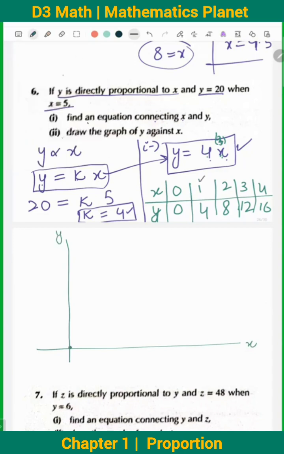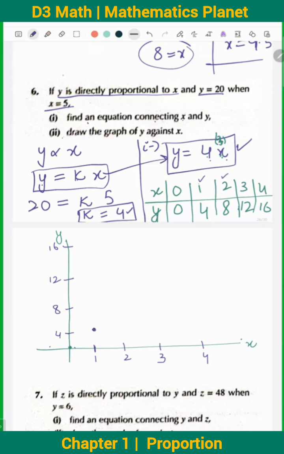When x is 1, x is 2, x is 3, and x is 4, and on the y-axis we can write 4, 8, 12, 16. So when x is 1, y is 4. So this will be the point.